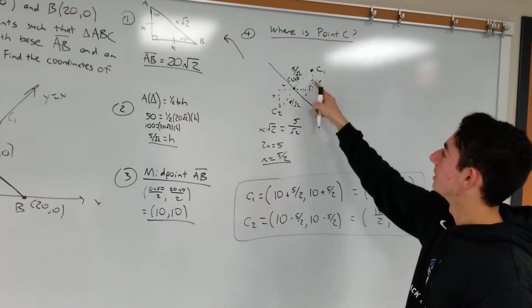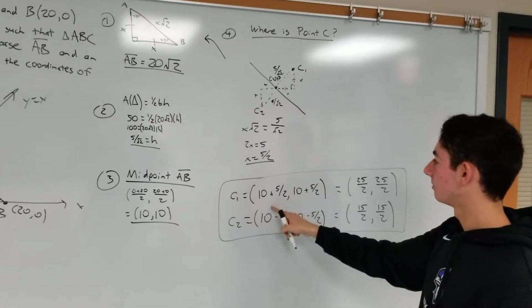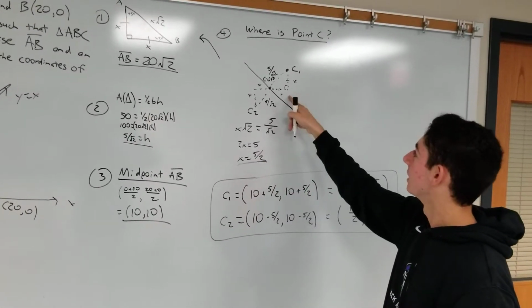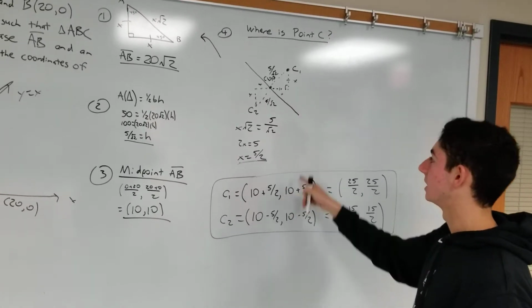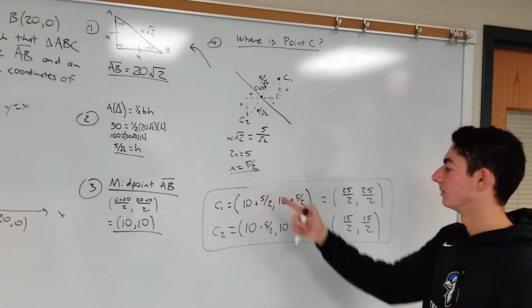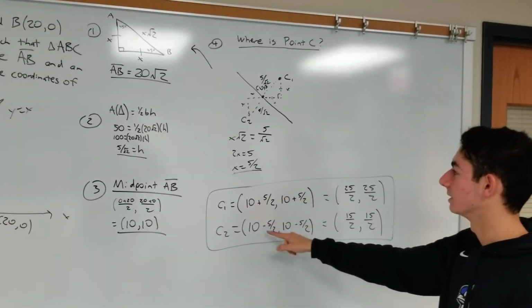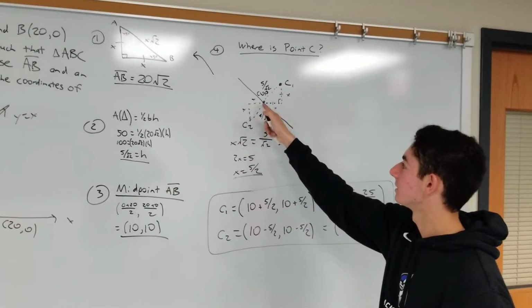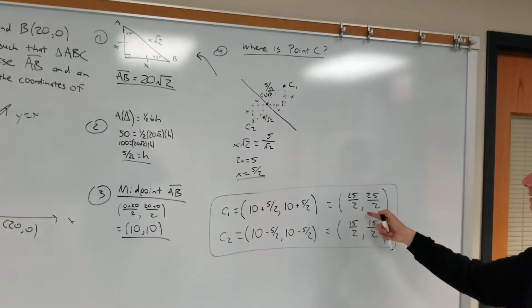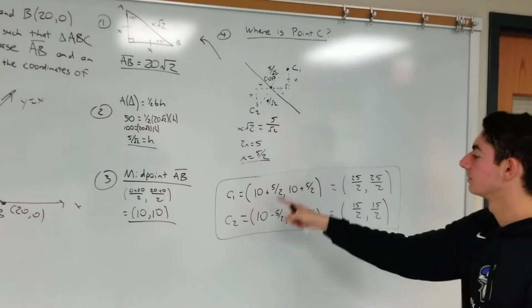So my x value is going to be 10 plus 5 halves, since x is 5 halves, and my y value is going to be 10 plus 5 halves as well. And same thing for C2, except it's subtracting: 10 minus 5 halves, 10 minus 5 halves. Once you simplify, you get that, but here's what I typed in. That's your answer.